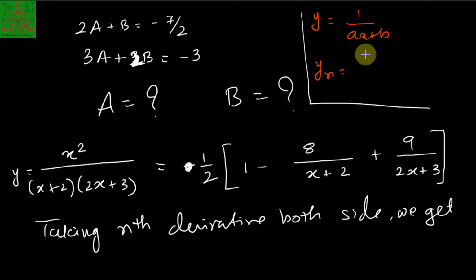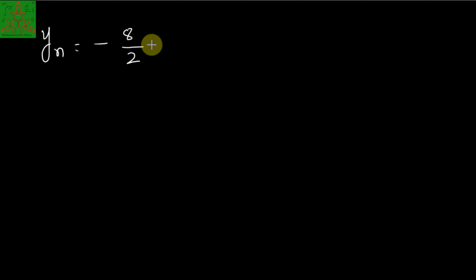The nth derivative of this one is minus 1 raised to n into n factorial a power n upon ax plus b power n plus 1. As per this, it gives me minus 1 raised to n into n factorial upon x plus 2 power n plus 1, because a is 1 and b is 2.